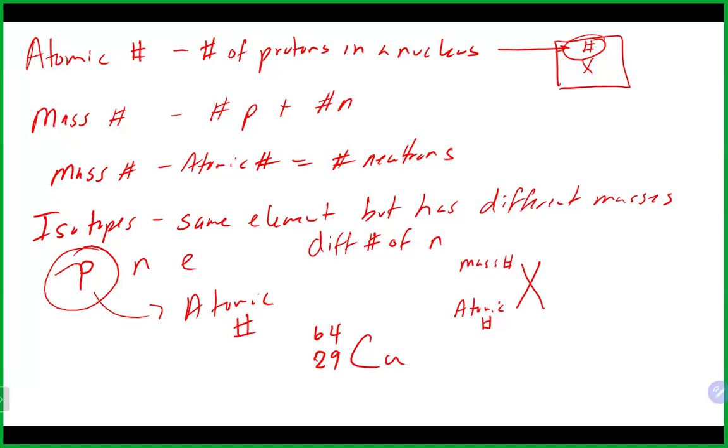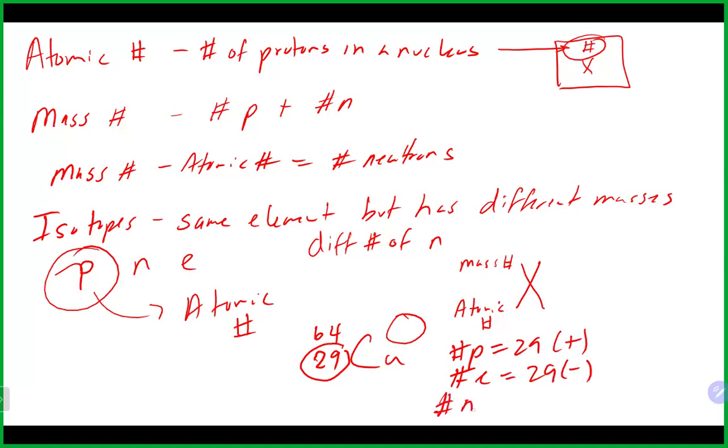And you can figure out everything from this. So this guy here would have obviously 29 protons, which are positively charged. It has no charge present, which means the number of electrons would have to match. And our number of neutrons would be our top number, mass number minus atomic number. And again, that's 35, I think, in this particular case.